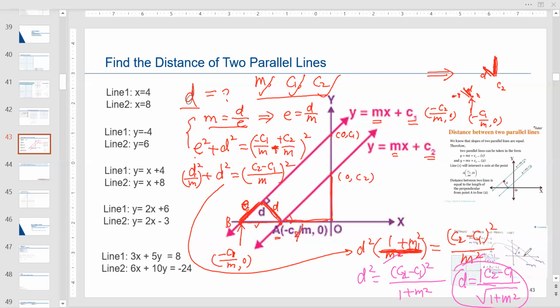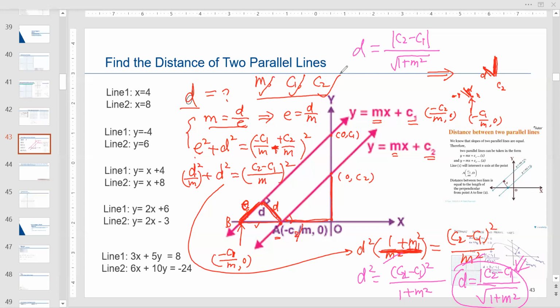So important here, okay? Please remember this one. So whenever they told you M, C1, C2, we can build their relationship here. Absolute, all right? So here plus, all right.